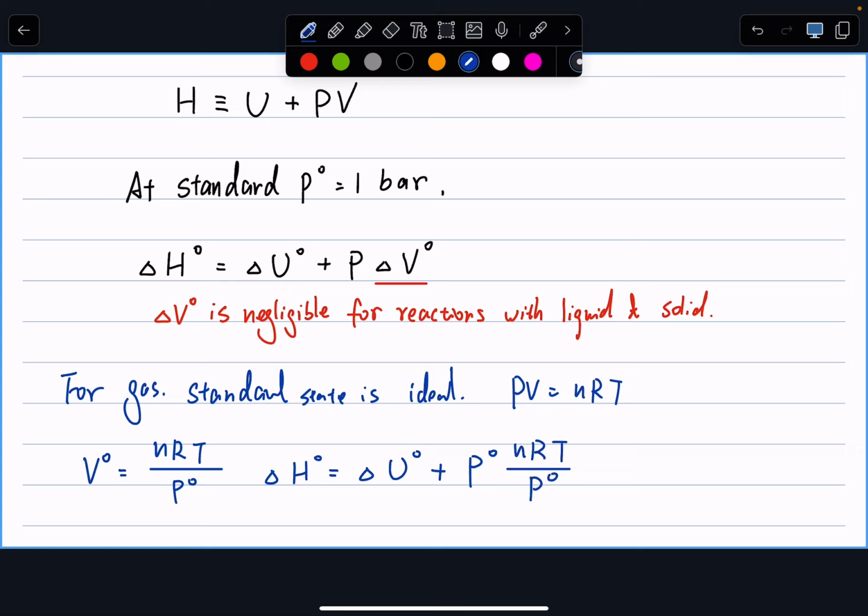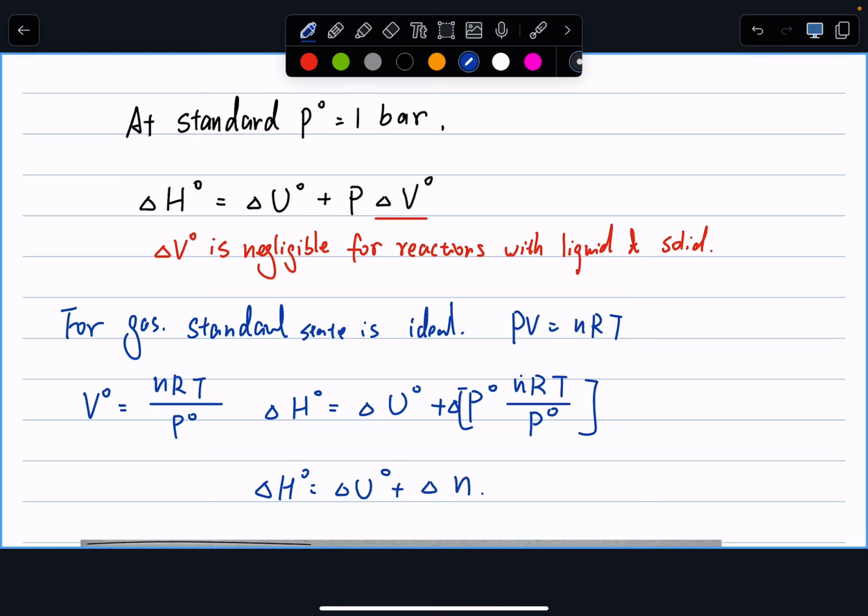The only thing changing is the number of moles in this whole process. So my delta H naught thus equals delta U naught plus delta n_g RT.